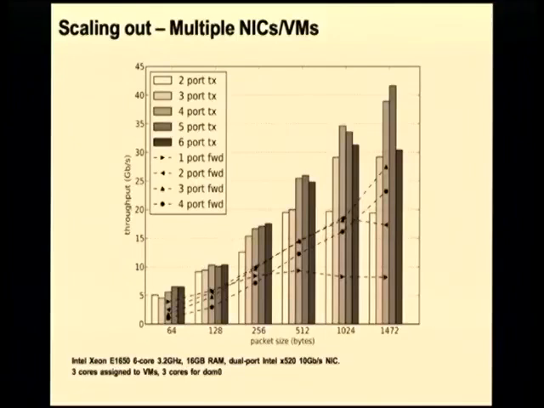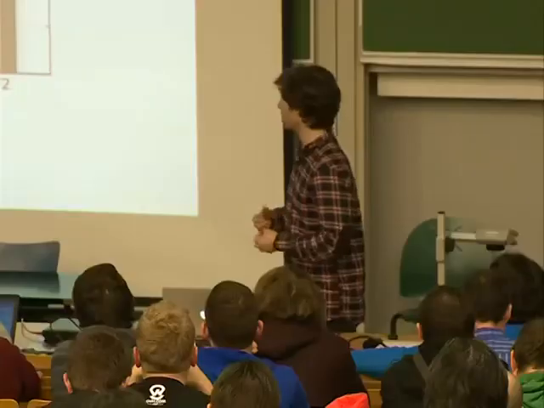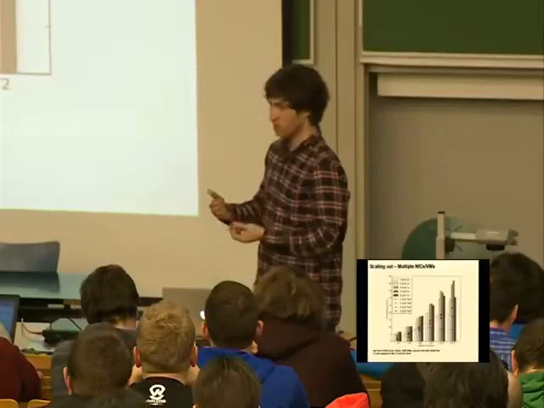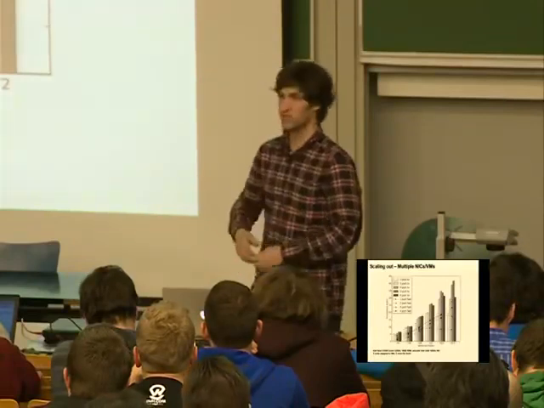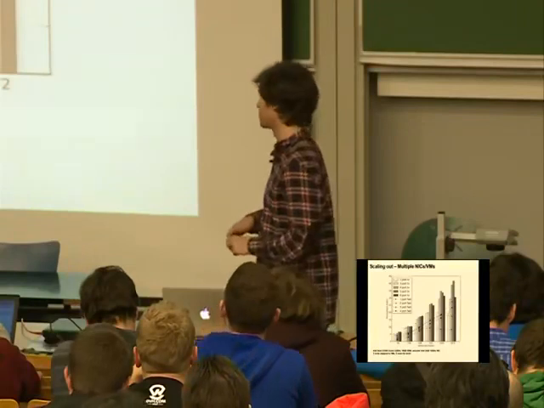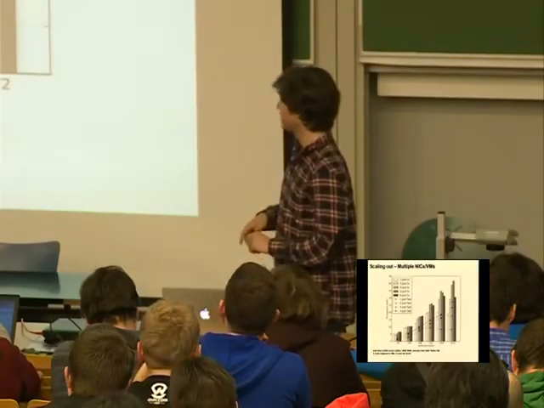So after getting 10 gigs, we asked ourselves how we would scale for more NICs. So we actually ran some experiments to see if we were able to drive 40 and up to 80 gigs of throughput. And we actually did.